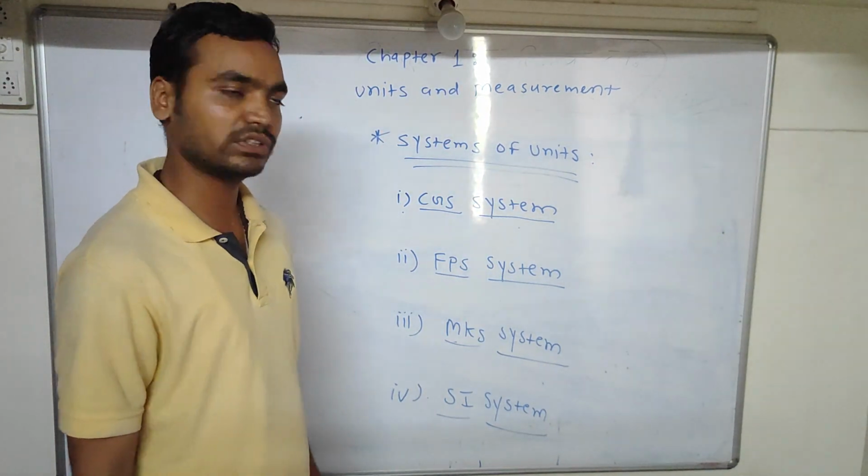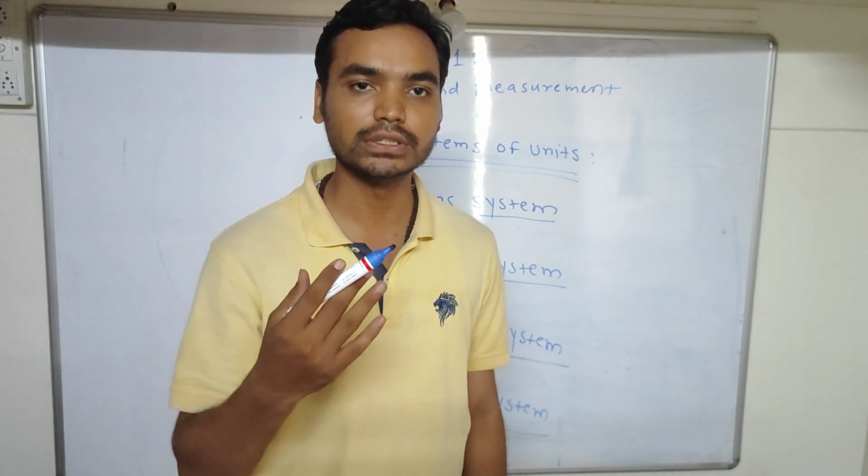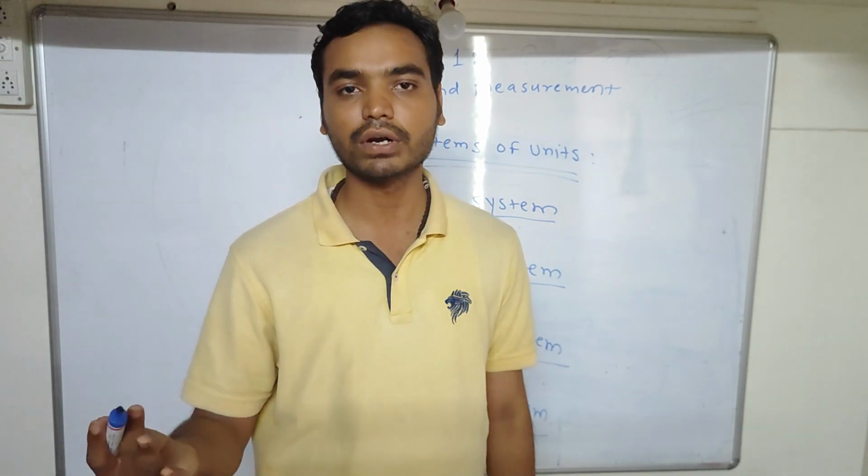We know SI system is used everywhere; in every nation, SI system is internationally accepted. All are the types of the system of units in which we measure the different physical quantities.